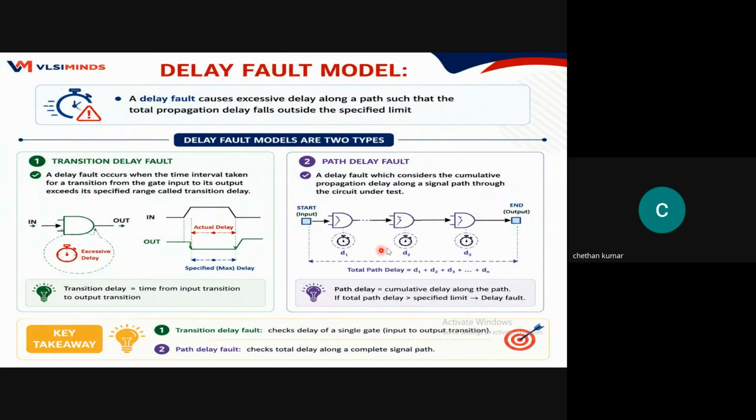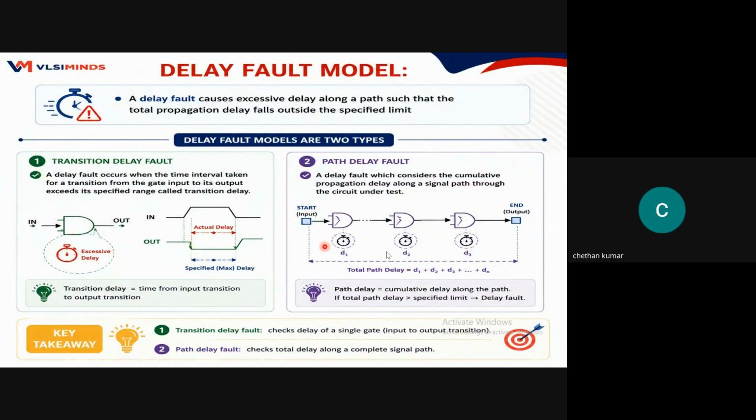Similarly, the cumulative sum of many gate delays will come as a path delay. That is the cumulative delay along that particular path. This helps to find a false path or multi-cycle path, all those things.